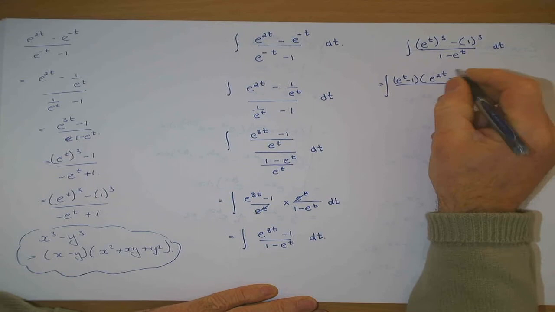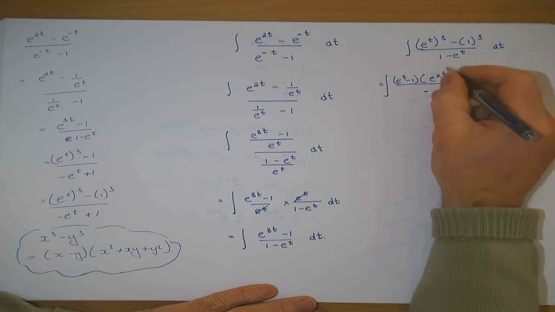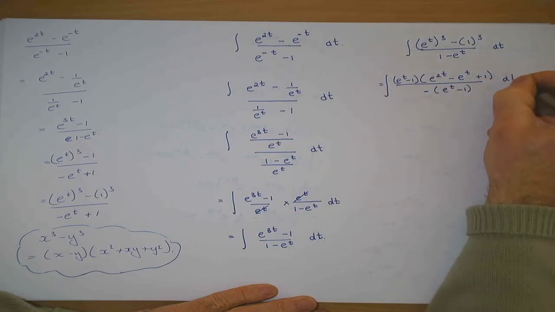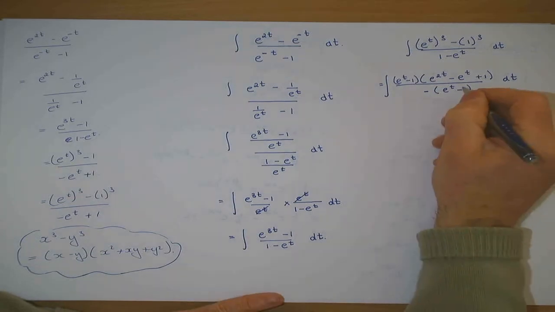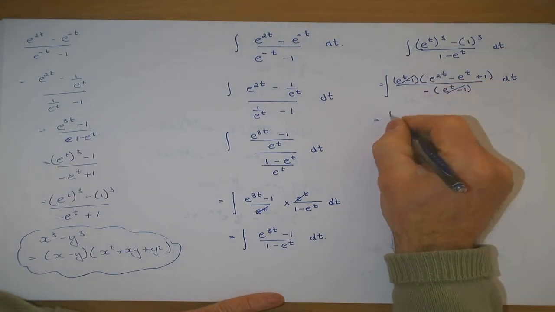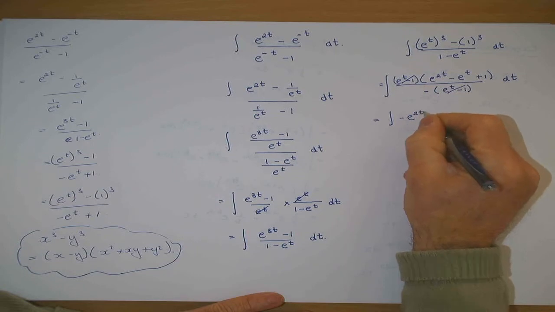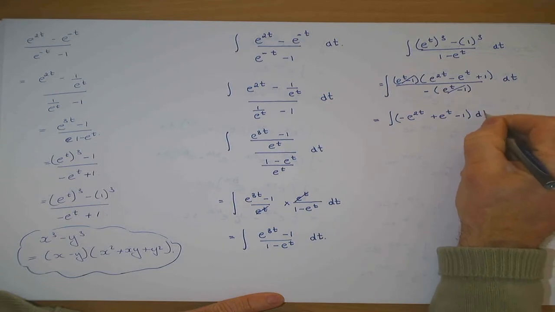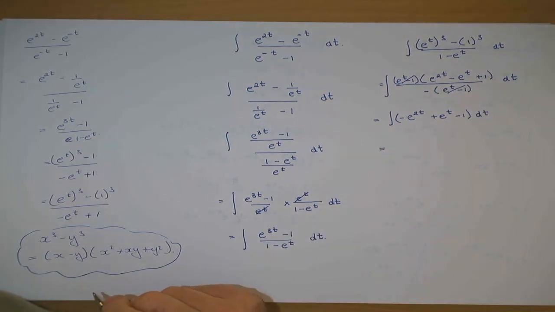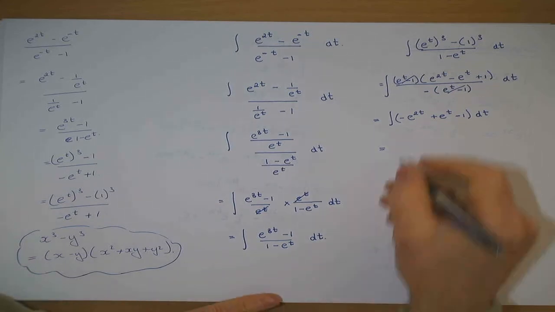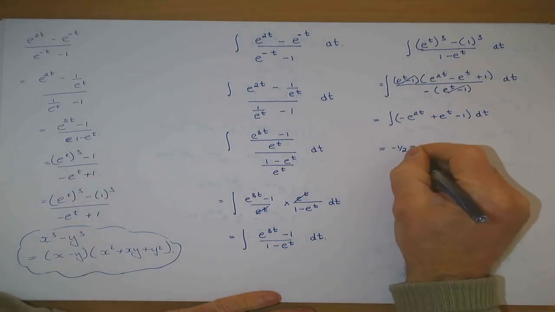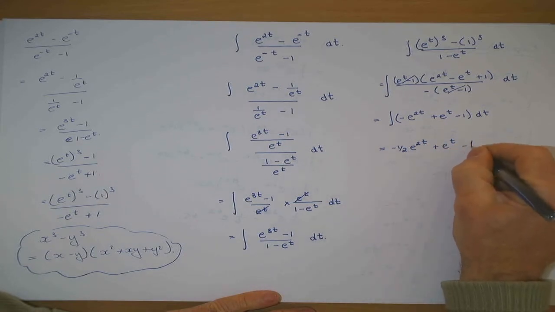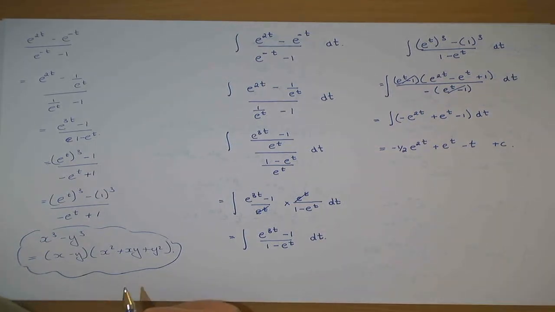All over, now e to the t minus 1, 1 minus e to the t is minus e to the t minus 1. Understand that? I put the minus outside. What happens then? So that's like the integral of minus e to the 2t plus e to the t minus 1 dt. And now I can integrate. Integrate minus e to the 2t, minus 1/2 e to the 2t, plus e to the t, plus e to the t, minus 1, minus t plus 1.